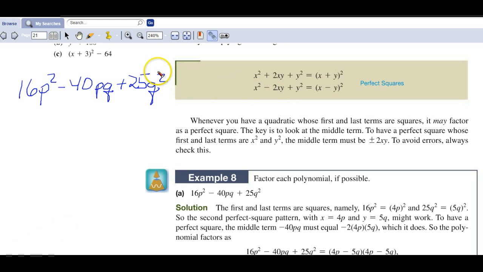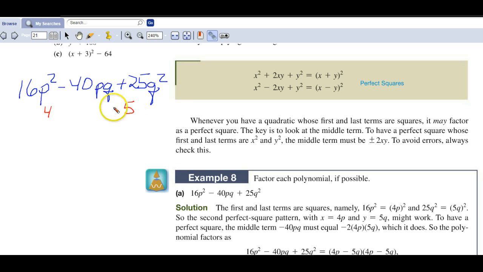Now, to recognize a perfect square trinomial, both first and last terms have to be perfect squares. Then what's the square root of 16? 4. What's the square root of 25? 5. Now you're going to go 4 times 5 is 20.